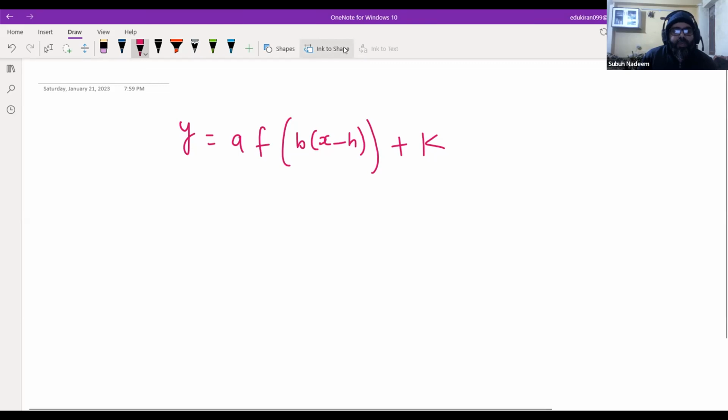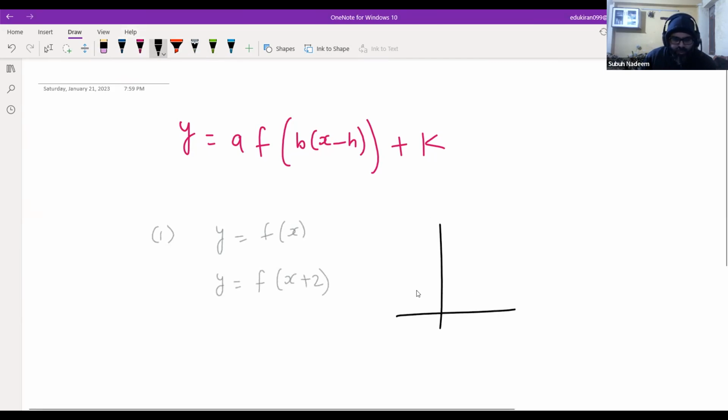But before that, I will tell you a few important points before coming to this complicated function. Let us take the first point. If y equals f(x) is a function, and you are asked to plot the graph of y equals f of x plus 2, suppose y equals f(x) is a function which is like this.